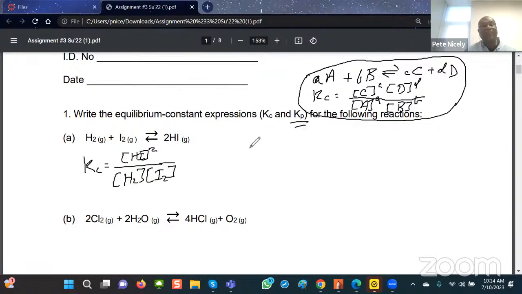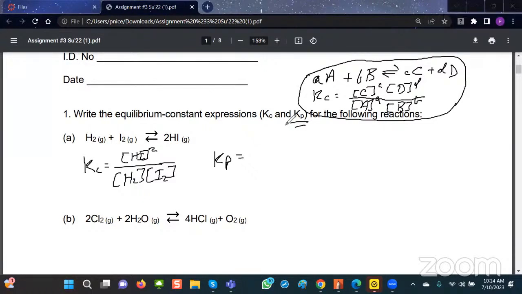Now the question also asks for the Kp expression. So based on this equation, what would Kp be equal to? Anybody?